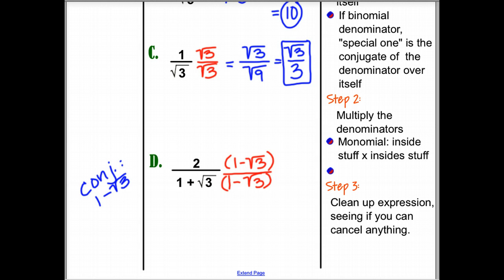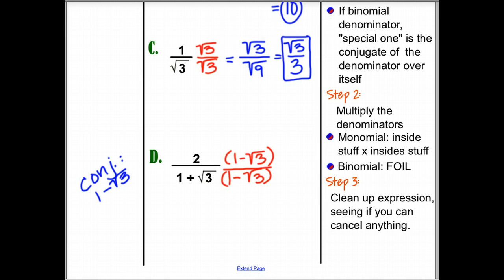Then, when we talk about multiplying the denominator, because we have a binomial, we will have to FOIL that denominator. So let's start with our numerator. In our numerator, we're going to have to distribute this 2 in, giving me 2 minus 2 times the square root of 3.